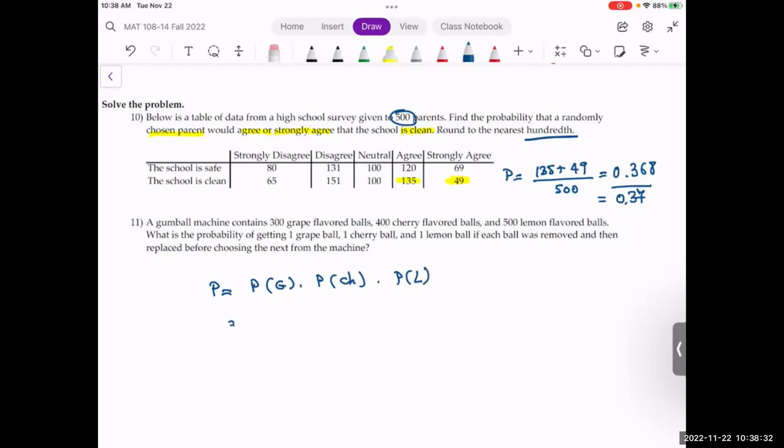Because you are replacing the gumball every time, the probability of having a grape is 300 divided by the total, which is 1200. Then you multiply it by the cherries, 400 divided by 1200. And then because you replace it again, the lemon is 500 divided by 1200.